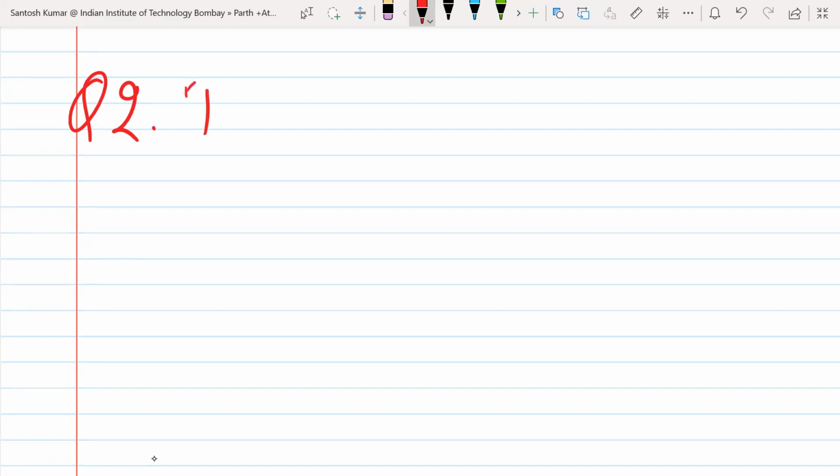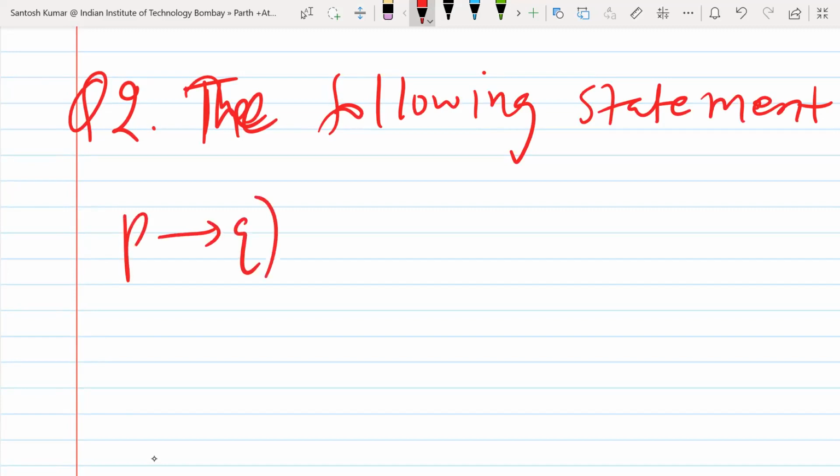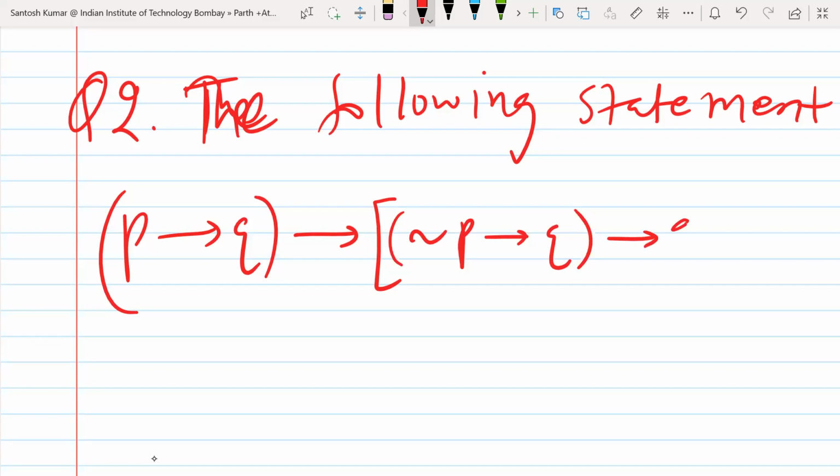So the question is: the following statement, (P implies Q) implies ((not P implies Q) implies Q).